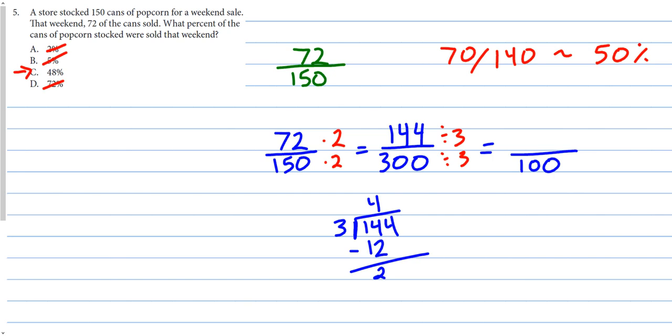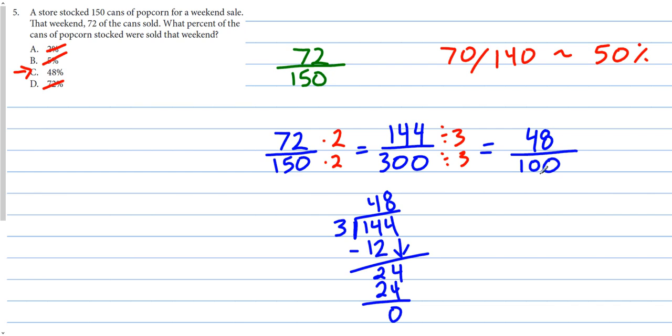And we get 2. 4 minus 2, we get 2. And we get the 4 coming down there, and then 3 goes into 24 8 times. And we get 24, and that goes in evenly. So we end up with that 48, and that's what we put over here, 48.